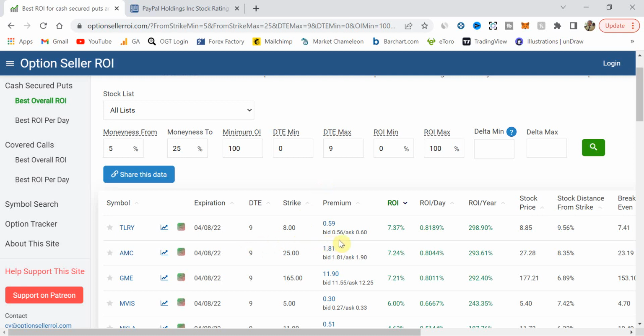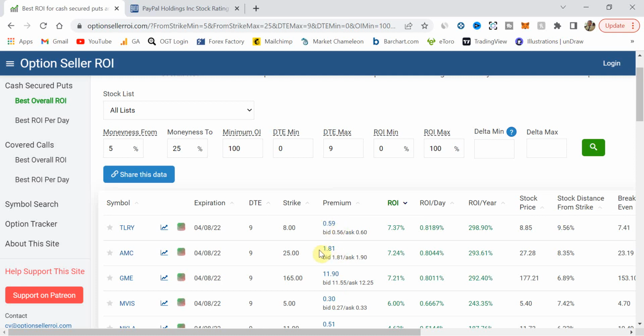And you can see here, with the stock price at $8.85, you sell the 8, and you're making $60 premium, 7.37% return in 9 days, which is absolutely fantastic. Crazy amounts of premiums you can get from there. So again, this looks at an ROI, so not the absolutes.